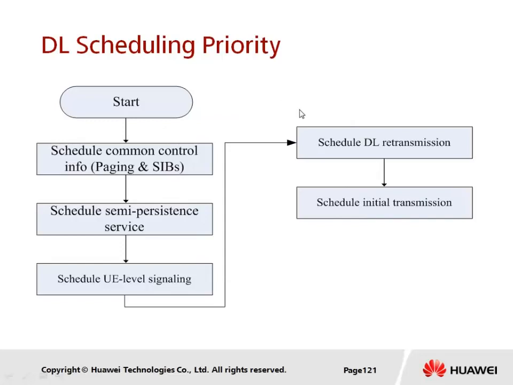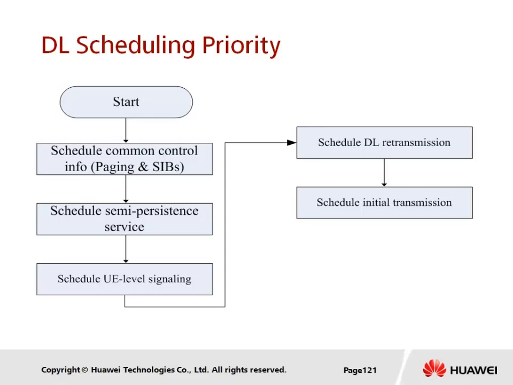In terms of the priority, let's have a look at the priority here. The common control information, including paging messages and SIB, are with the highest scheduling priority, followed by VoLTE traffic and UE level signaling, which is the dedicated signaling, followed by the user plane retransmission data, and eventually the initial transmission new data of the user plane.